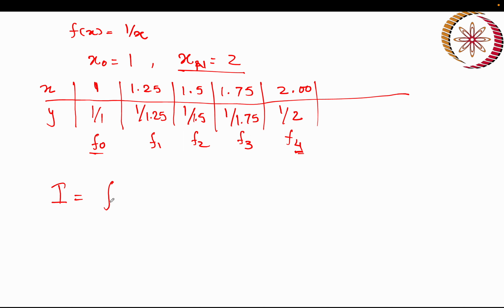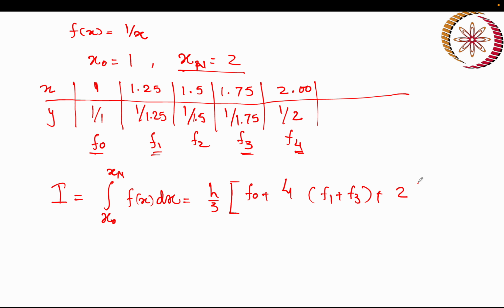The integration that we are interested in is from x0 to xn of f of x dx, and that will be h by 3 times f0 plus 4 times the sum of the odd terms, so f1 plus f3, plus 2 times the sum of even terms, which is f2, and then the last term, which is f4. Okay, so this equation we already derived.